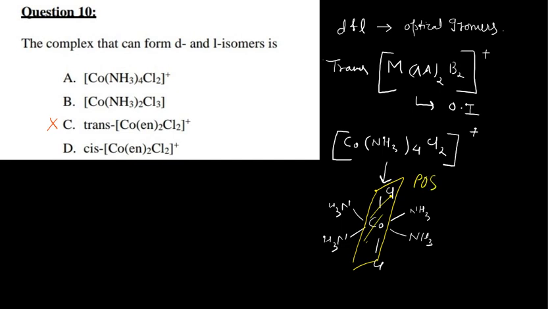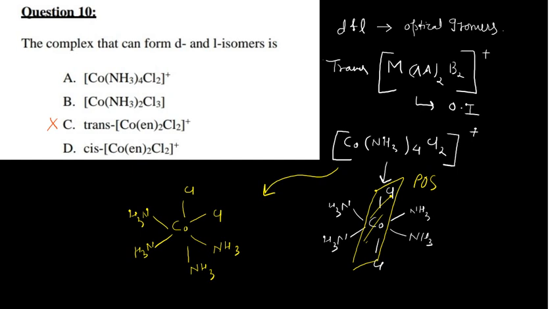If you want to make the cis isomer of this one, for cis, cobalt in the center, put any two chlorines at a 90-degree angle, and the rest of the ammonia you can put in that manner. Say this is NH3, this is NH3 again, this is another NH3 molecule, and this is another NH3. So this is the trans one, and this compound is also having the plane of symmetry, right?